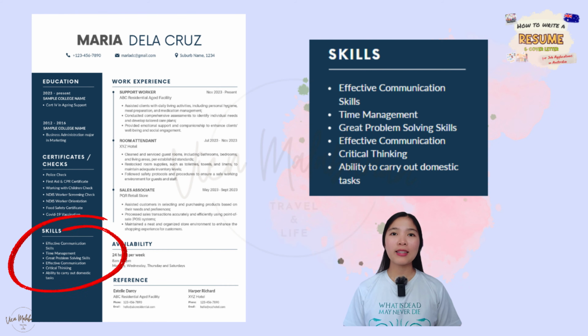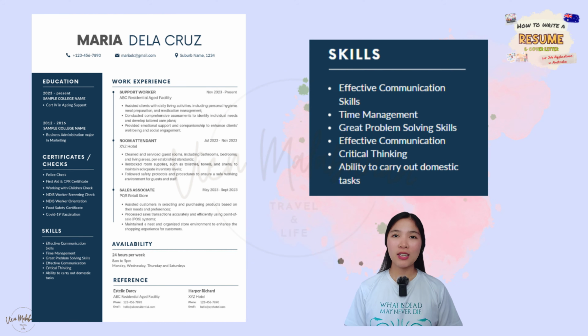You can input at least 5 skills relevant to the job that you are applying for. You can research examples online. You can say time management skills, adaptability and flexibility, critical thinking for soft skills. For technical skills or hard skills, you can include proficiency in using Microsoft Office, bookkeeping, writing, and editing, for examples.